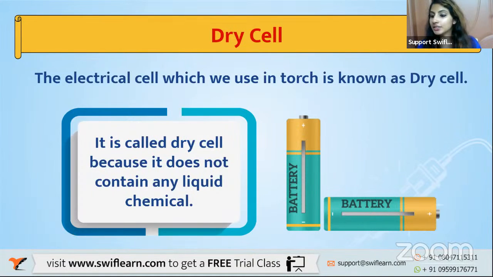Yeah, exactly. The electric cell which we use in a torch is known as a dry cell. Now, why is it called a dry cell? Maybe it could be just called a cell, right? There should be some reason behind it.